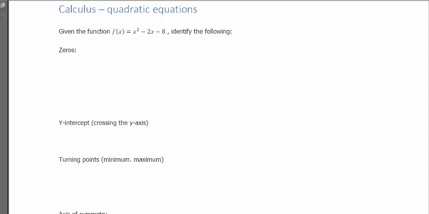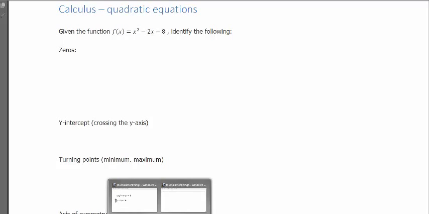So let's find the zeros. So x squared minus 2x minus 8. First, f of x is equal to x squared minus 2x minus 8.